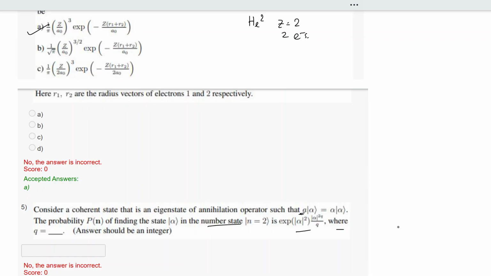So similarly here we can attempt to write the state alpha ket, which is an eigenvector of this annihilation operator. How can we represent that particular state in terms of the number states n ket? By that we can solve the inner product and then get to know the value of q.